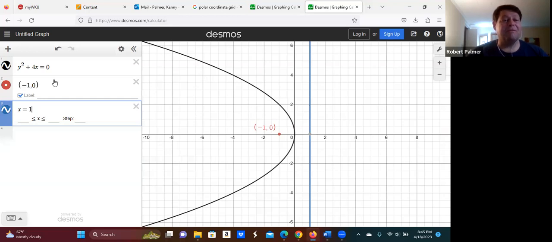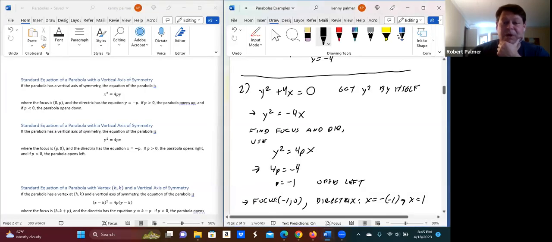Now, if you wanted to graph this one, let's go back to our formula. You need to solve for y squared, then take the square root of both sides, basically plus or minus the square root of -4x, and we can show you that as well.